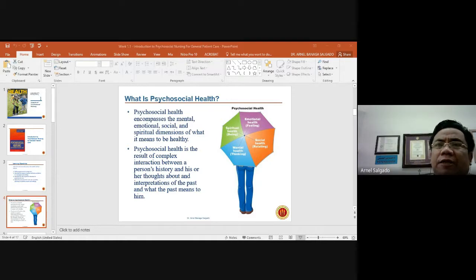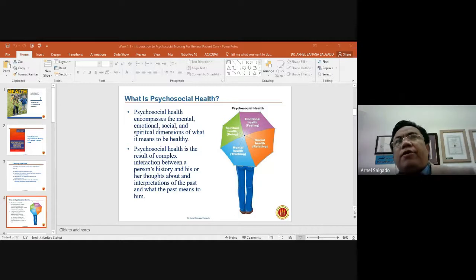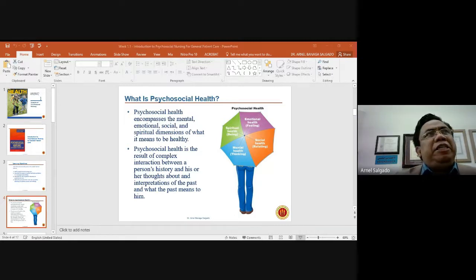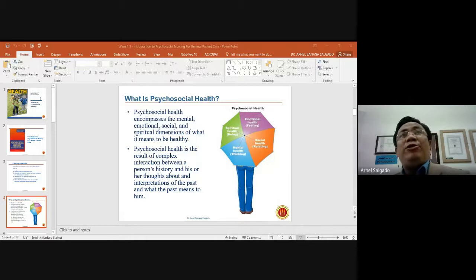This is very dangerous, especially if you're looking down on yourself, if you feel that you are inferior. Self-criticism is always negative. These are threats to psychosocial health. Imagine, instead of doing your best to become the best nurse you could be, you would always say you're good at nothing.